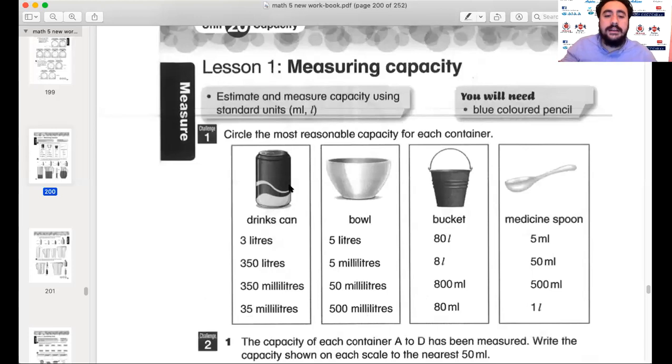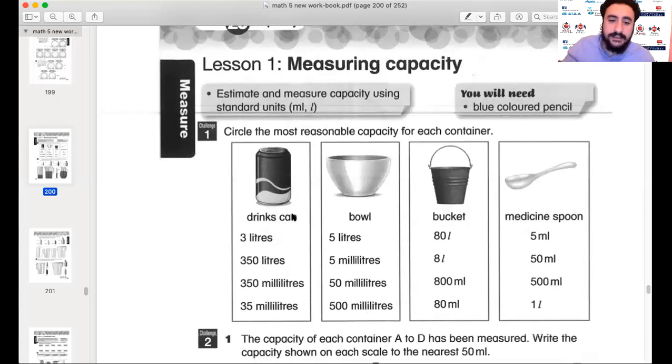Okay, so according to this, the Pepsi can or the drinks can, 3 liters? Of course, it's not going to be 3 liters. 350 liters? No, this is really too much. Or 350 milliliters or 35 milliliters. Khadija, if you can hear me, you're going to circle one of them.